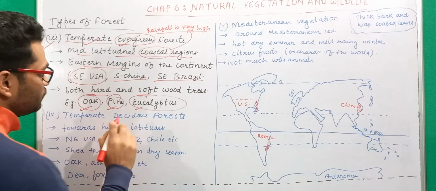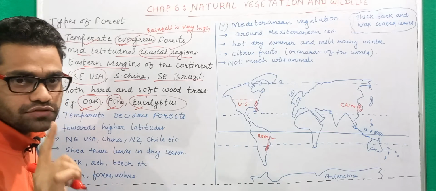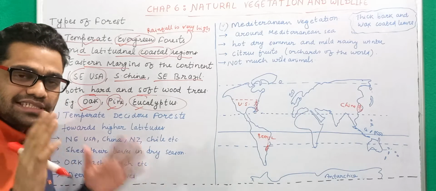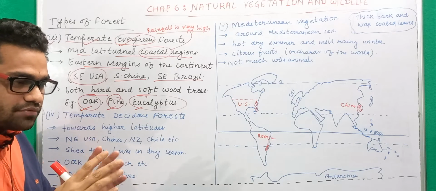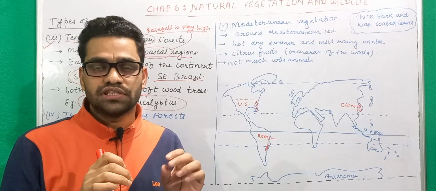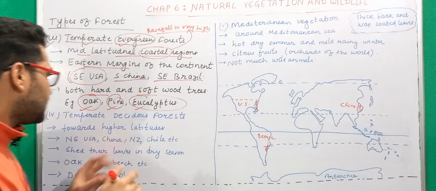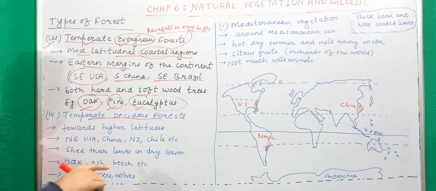Now temperate deciduous forests. We have seen the speciality and peculiarity of deciduous forests: they shed their leaves in the dry season so as to have a minimum amount of evaporation caused by transpiration. So the phenomenon will repeat here.